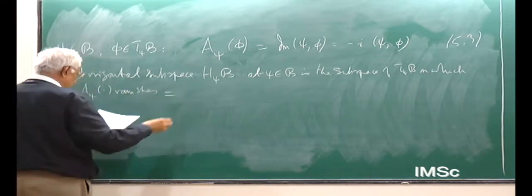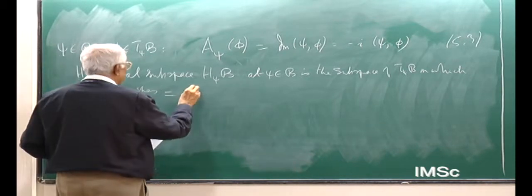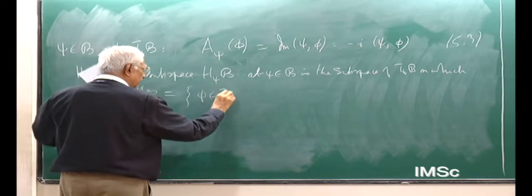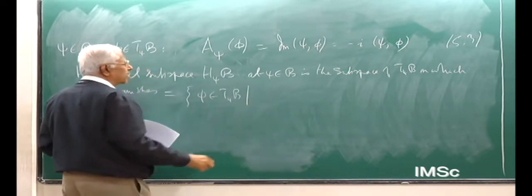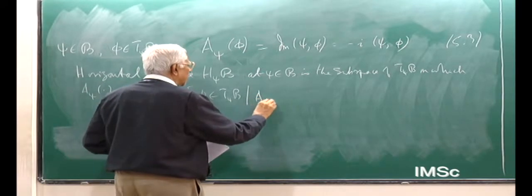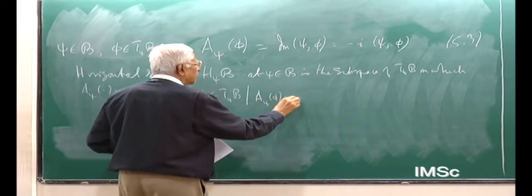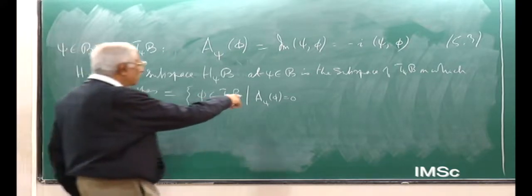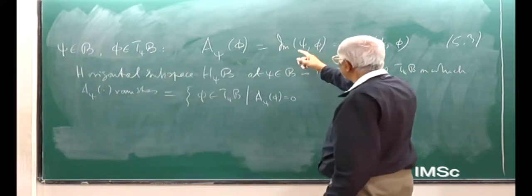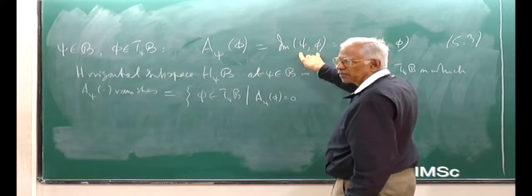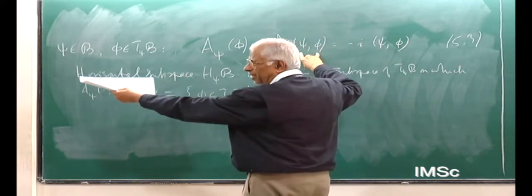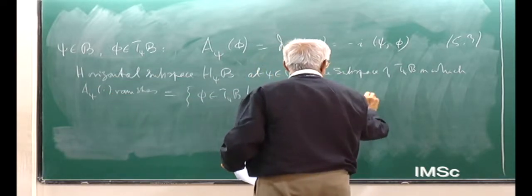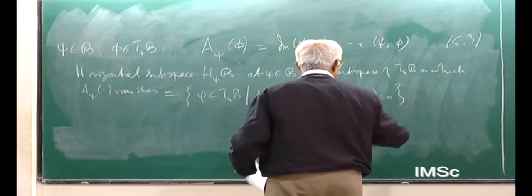And so, in this case, you can see the horizontal subspace at B consists of all vectors in the tangent space such that A psi of phi is 0. But what does that mean? If A psi of phi is 0, it means the imaginary part of the scalar product is 0. But you already know the real part is 0. So it amounts to psi phi equal to 0.